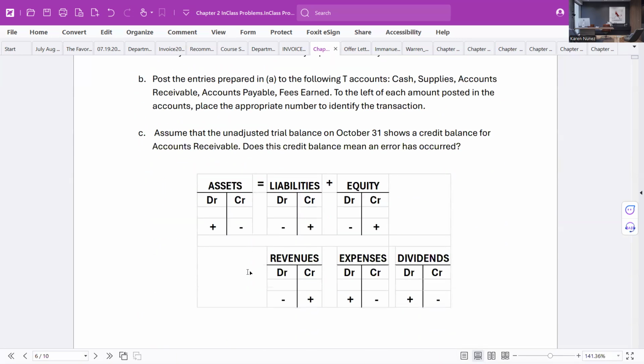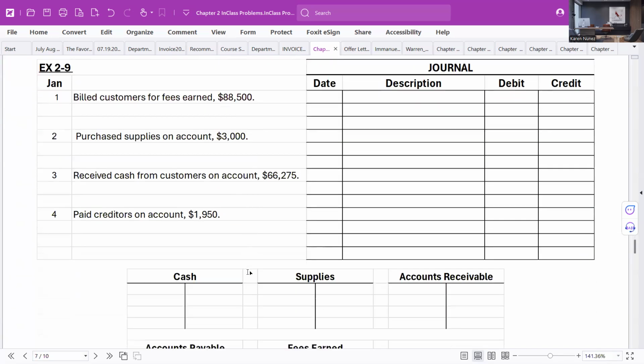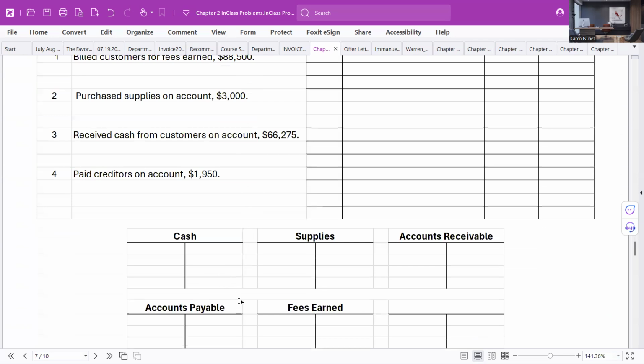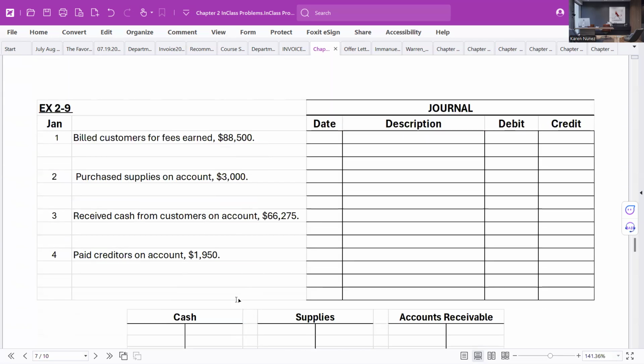So again, I've reproduced the transactions on the same page as the journal, and then we have the T accounts at the bottom. So we're going to do all the steps on this page. So first thing we have is we're billing customers for these fees that we've earned. So on January 1, we're billing customers. That means that we don't have the cash.